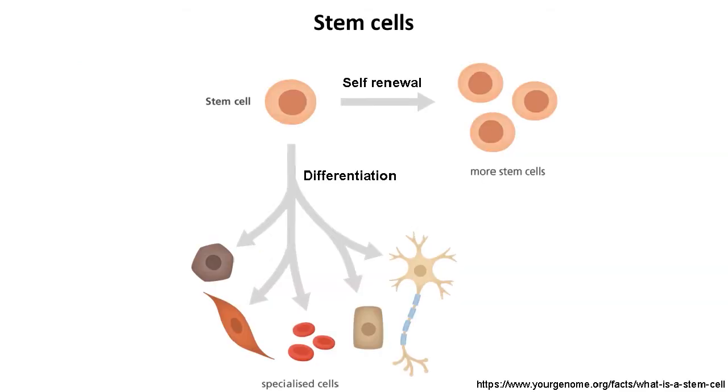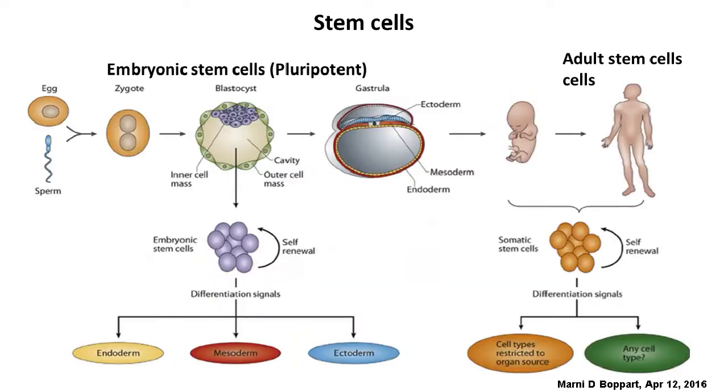Stem cells, as we all know, are very unique cells in the sense that they can self-renew, that is, they can make more of their own, and when given the right signals, they can differentiate into specialized cells. Stem cells are present in the embryos as well as in the adults. Both adult and embryonic stem cells can self-renew, but the major difference between these cells lies in their potency.